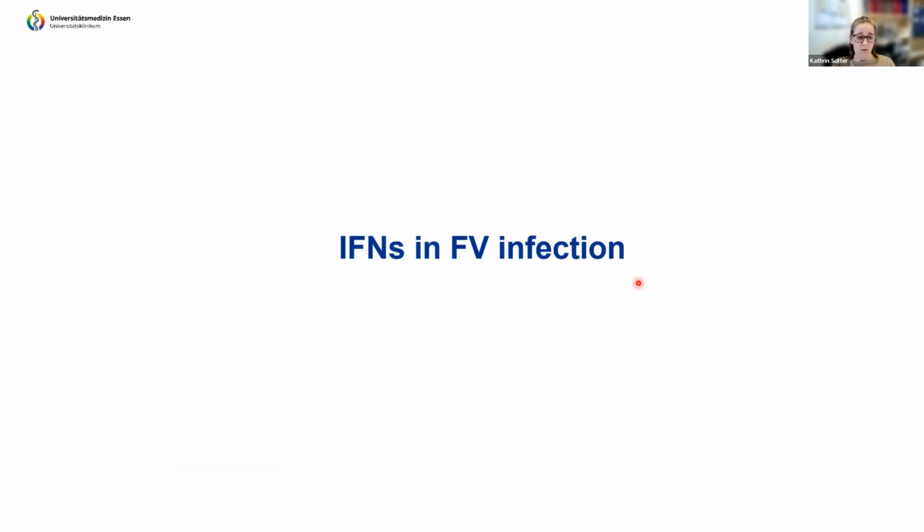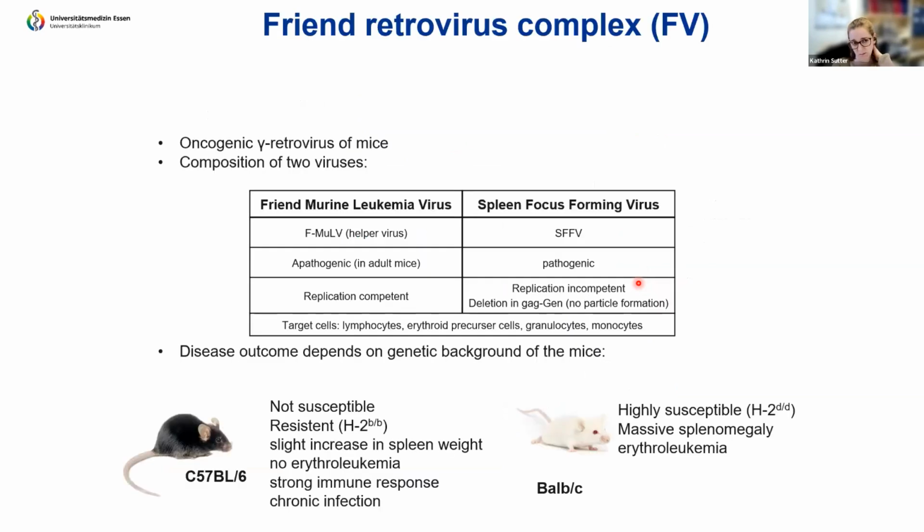What we have done in the past, and these were really basic experiments in the beginning, we were interested in the role of interferon in Friend virus infection. I think you already heard about this virus yesterday. So I don't have to say so much about it. But what is important for you to know is that Friend virus is very bad in inducing type 1 interferon.